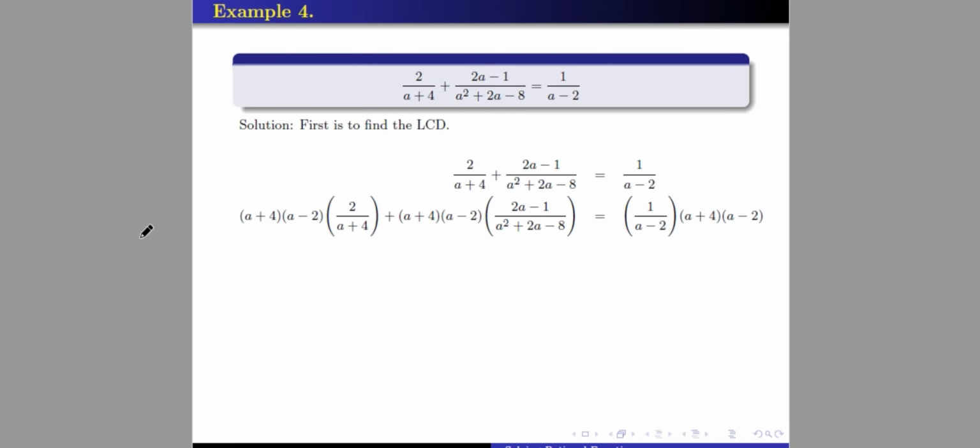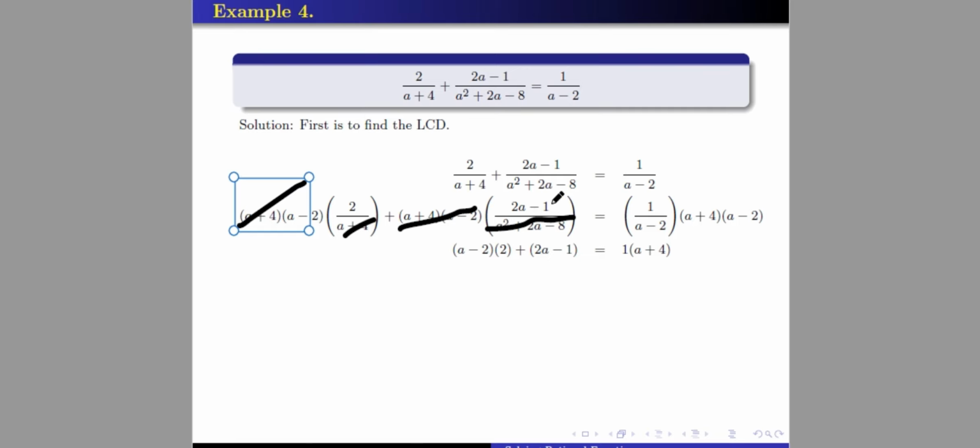So I will multiply everything by the LCD. So on the next line, a plus 4 will be cancelled. So that's why we are left with a minus 2 times 2. Next, since the denominator is equal to this 2, we're left with 2a minus 1. And then on the right hand side, we can cancel a minus 2. So we're left with 1 times a plus 4.